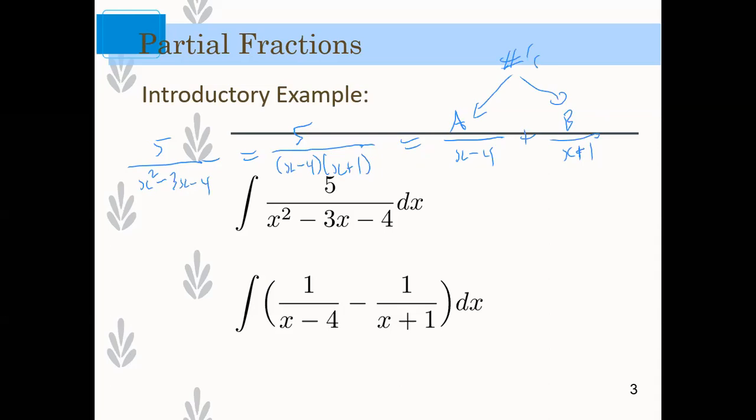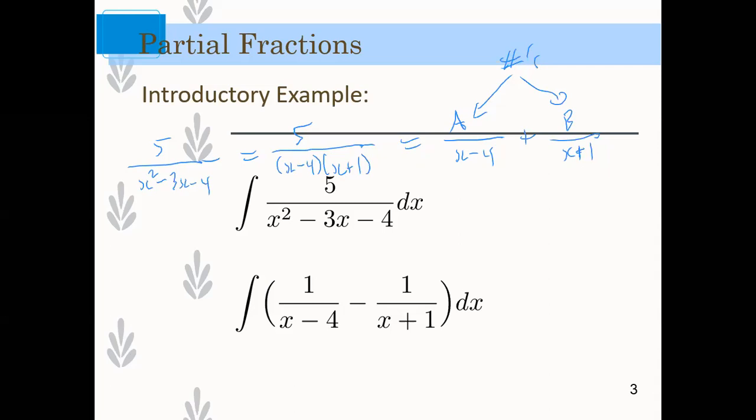Yes, it must be able to be broken up into that, and the reason is that the power of the numerator of the original thing is less than the power of the denominator. If that was not the case, what do you think I would do as an initial step? Suppose the power of the numerator was bigger than the power of the denominator.